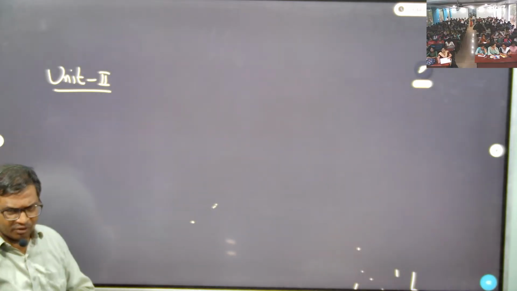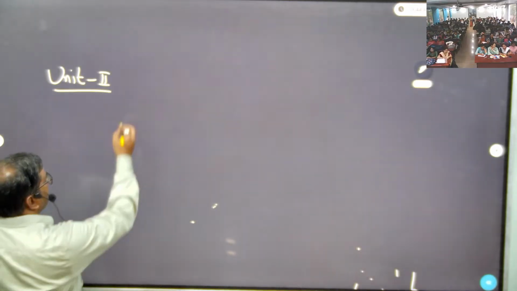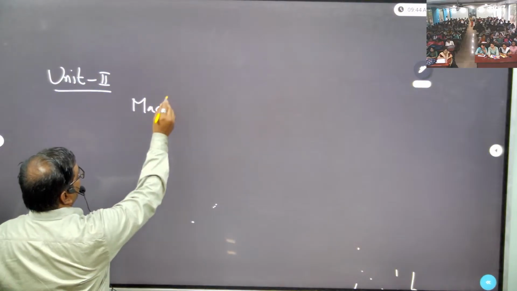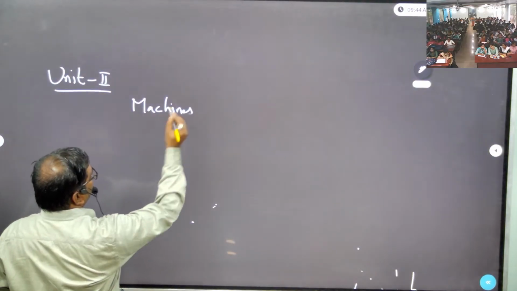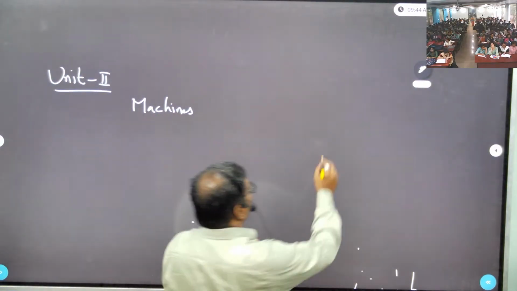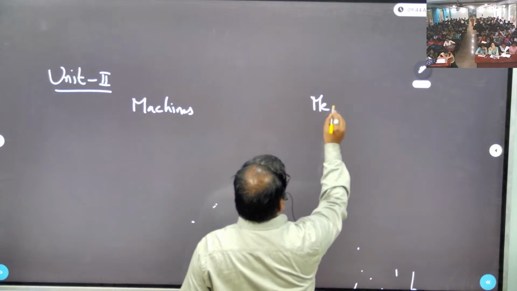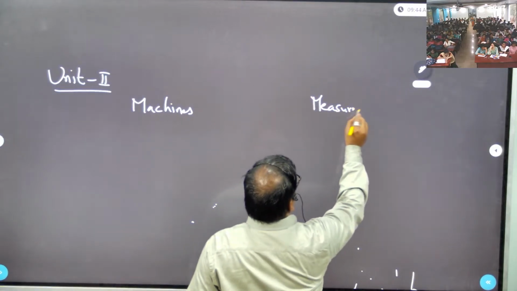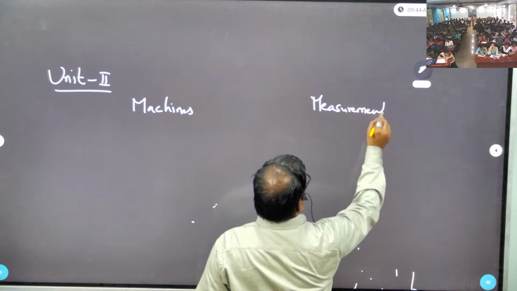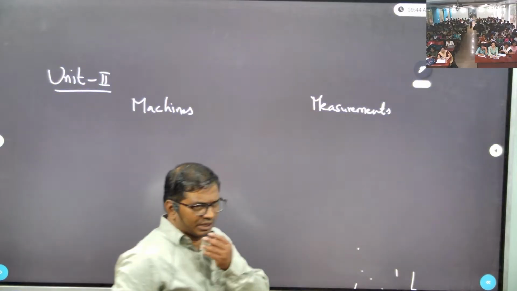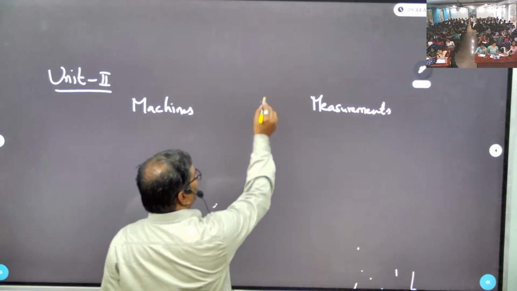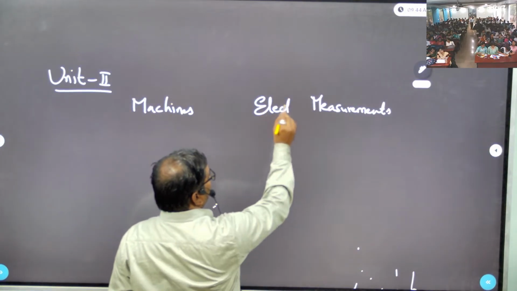One is machines. The second one is measurements. In measurements, only electrical measurements.